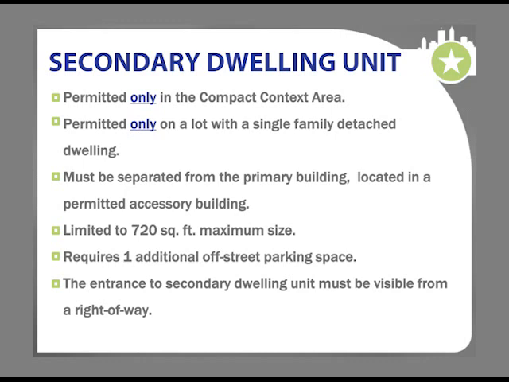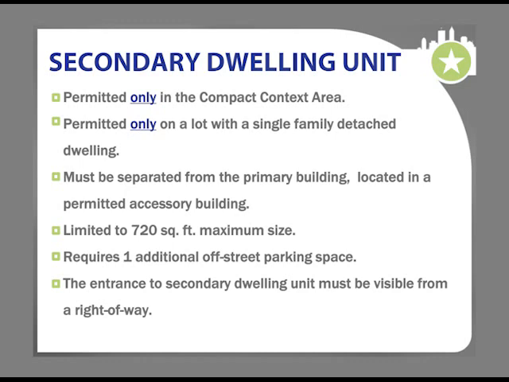The secondary dwelling unit must be separated from the primary building, and it must be located in a permitted accessory building. That means it has to be located in a structure that meets all of the setback requirements, as well as height standards, as well as total square footage.